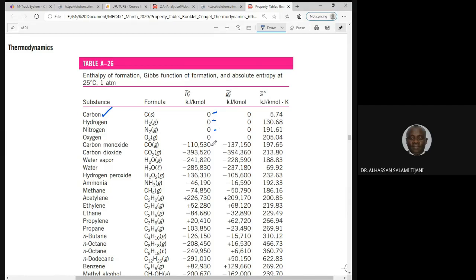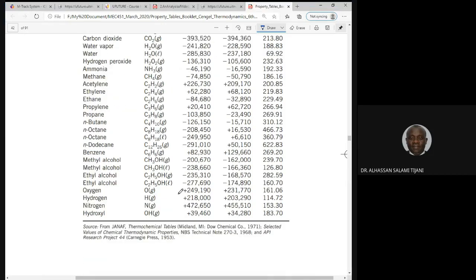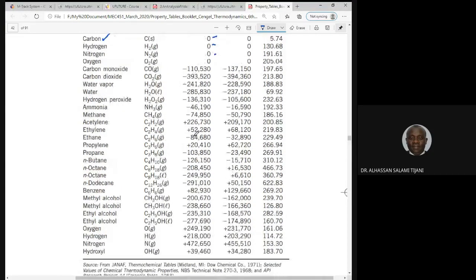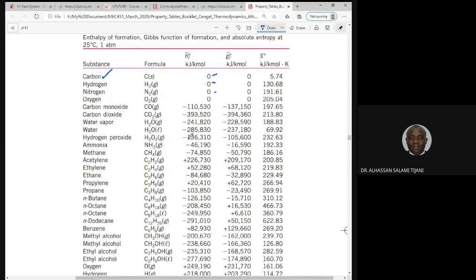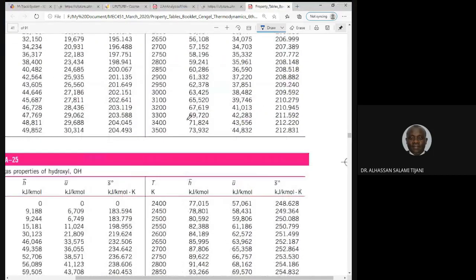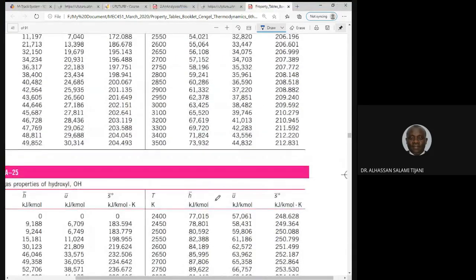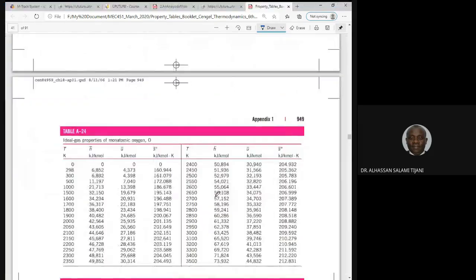But for carbon monoxide, carbon dioxide, and different fuels, methane, ethane, ethylene, they do not exist in their natural state. So their enthalpy of formation is given. Okay, so now let's see in the question that we were discussing.